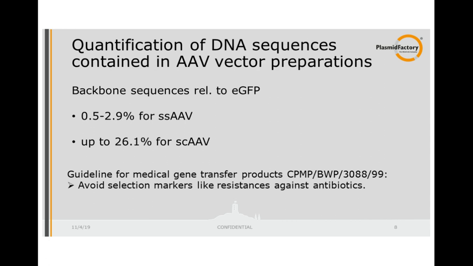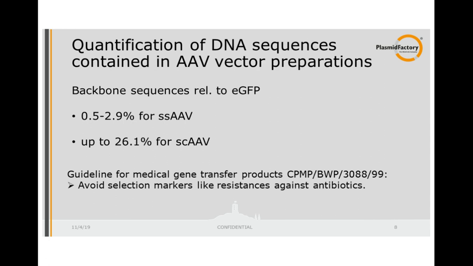You can see in this summary that this backbone sequence does not contain the EGFP, and in case of single-strand AAV vectors, it is only 0.5 to approximately 3%, but in self-complementary ones, it is up to 26%, and this is a quarter of the total production of such a vector.